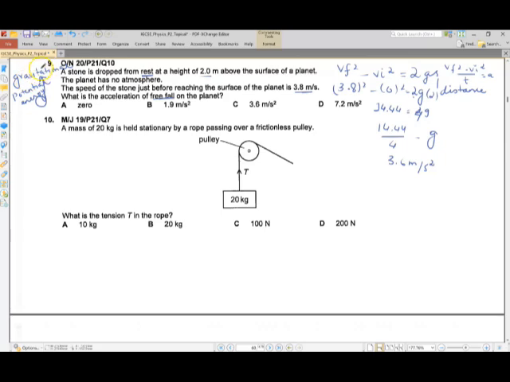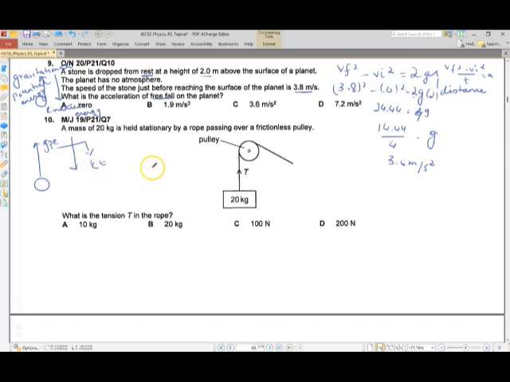And then when it is dropped, this gravitational potential energy is converted into kinetic energy. We know that the law of conservation of energy states that energy can neither be created nor destroyed, it is just converted into another form. So when something is taken to a height, it gains gravitational potential energy, and when it is dropped, this is converted into kinetic energy.